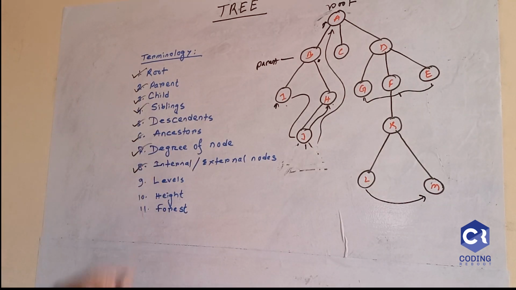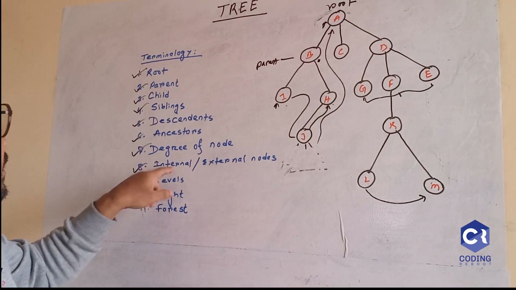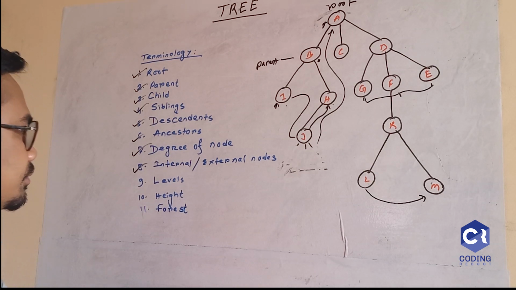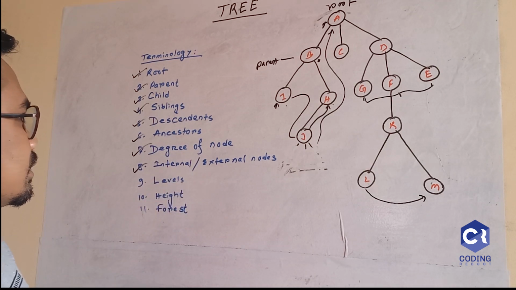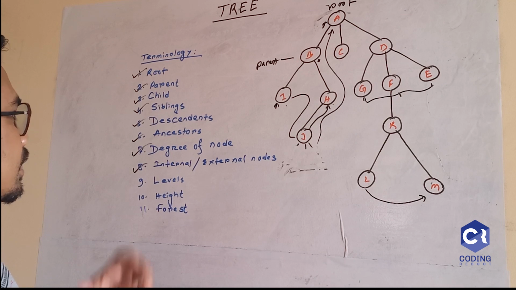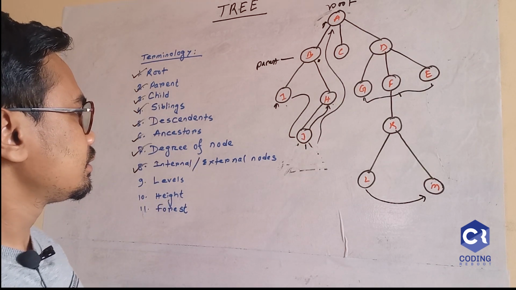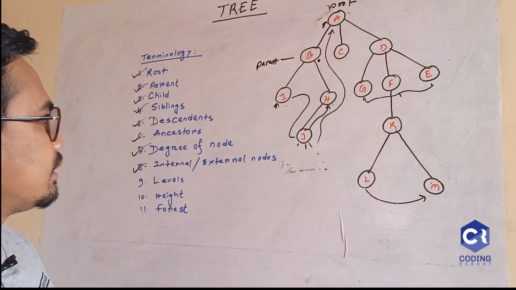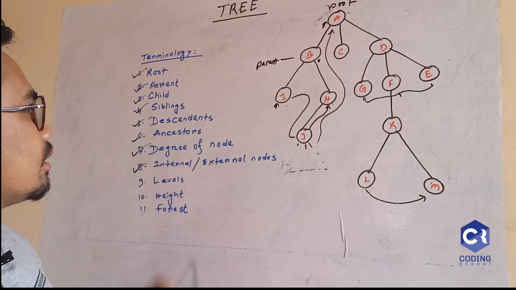So now come to the next point, internal and external nodes. So what are the internal nodes? A node which has at least one child is called an internal node.